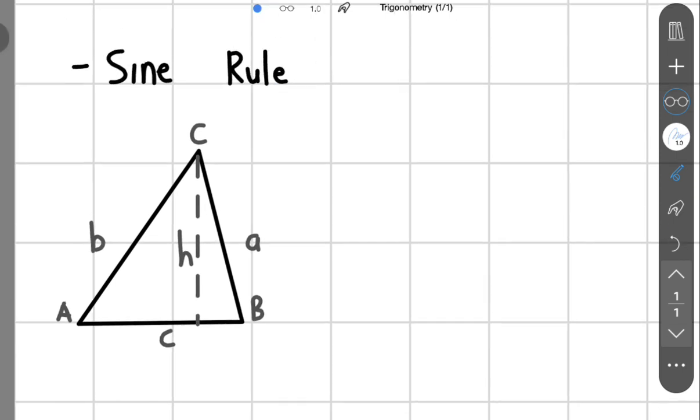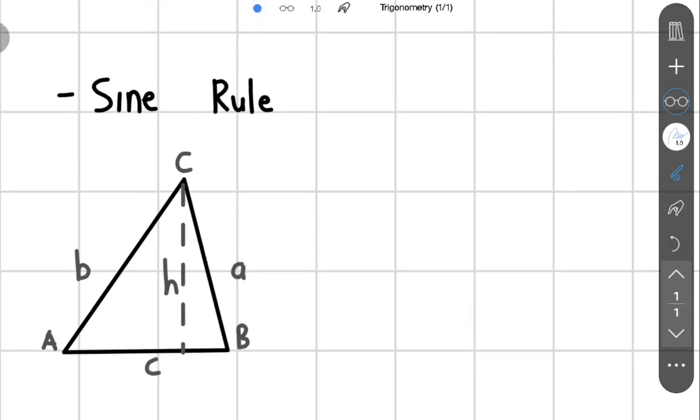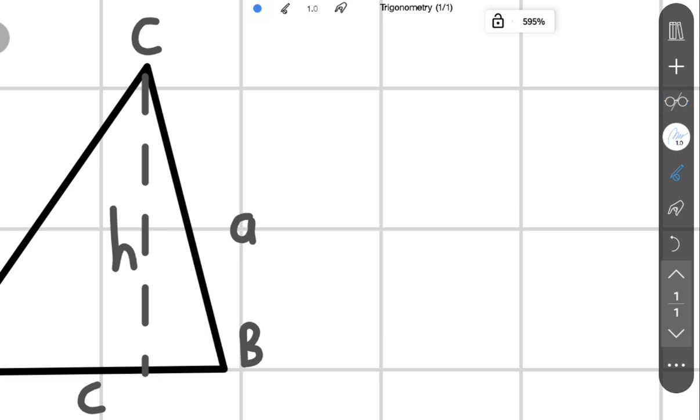Okay, next rule we have is called the sine rule. And the same thing: from the highest point we have, we're just going to draw a line downwards such that we create a perpendicular angle. Before I go on, the reason why there exist two rules, cosine and sine, is it just depends on what the missing variables are that you have to calculate for.